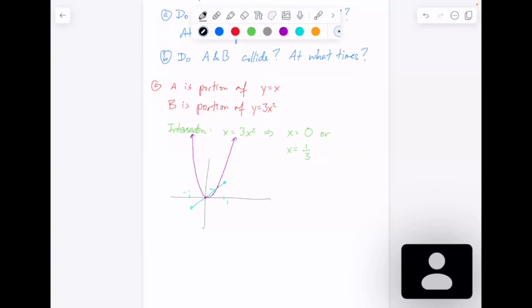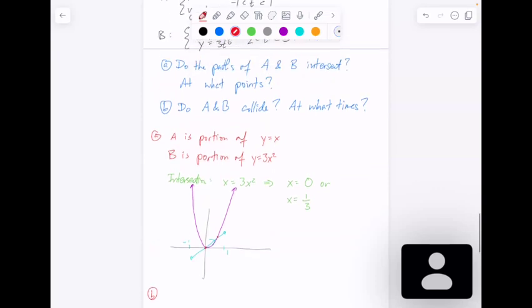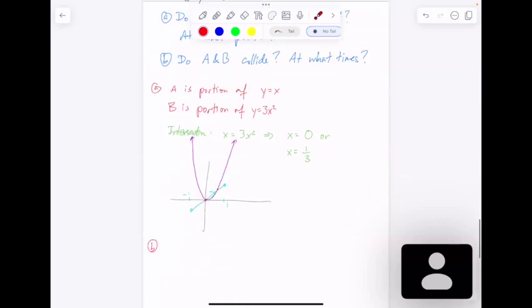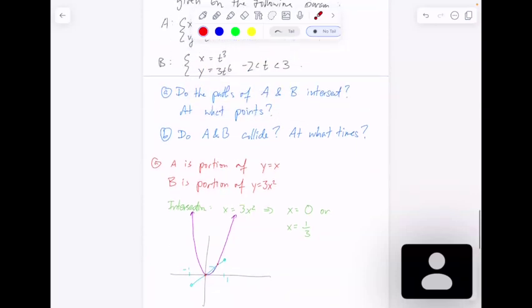Now, part B is, do they ever collide? Remember, for these two paths to collide, they have to occupy the same point at the same time. First of all, there are only two potential collision points, right? If they don't intersect at all, there's no way they can collide. So you only have to refer to the points where x is equal to 0 and x equals 1/3 and see if they could occupy those positions at the same time.